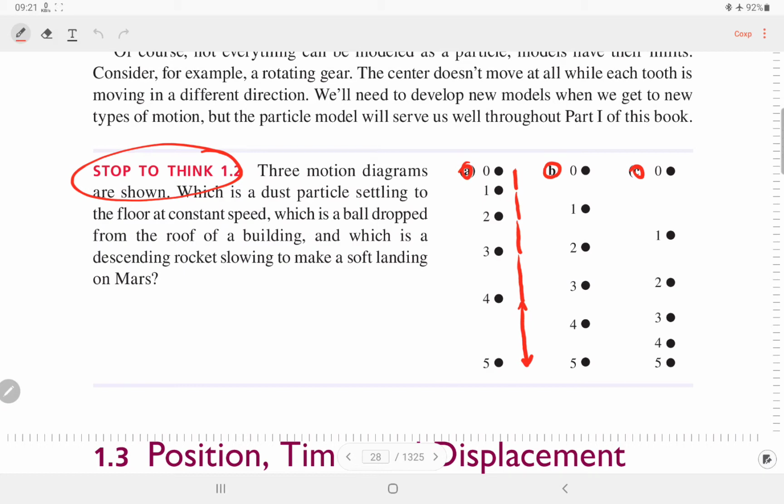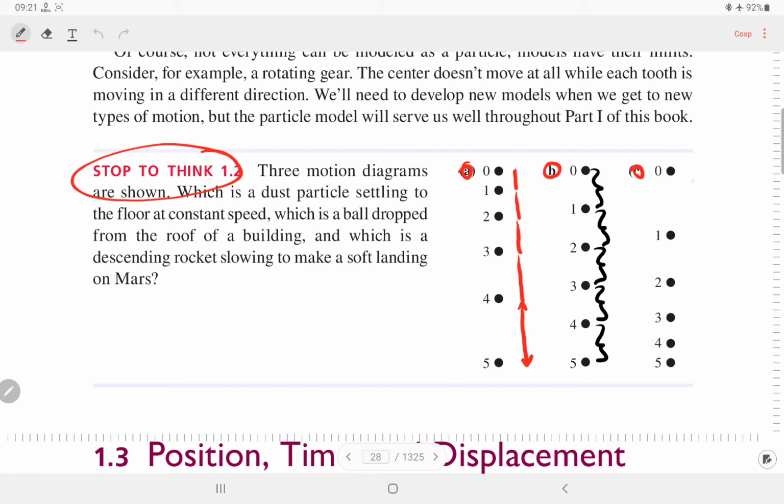Velocity is increasing. In figure B, visually we can see that the distances between adjacent points are the same. Yes, this distance is equal to this one, this one, this one. So this type of motion is a motion with constant speed, or we can say uniform motion. Next one, it's vice versa.